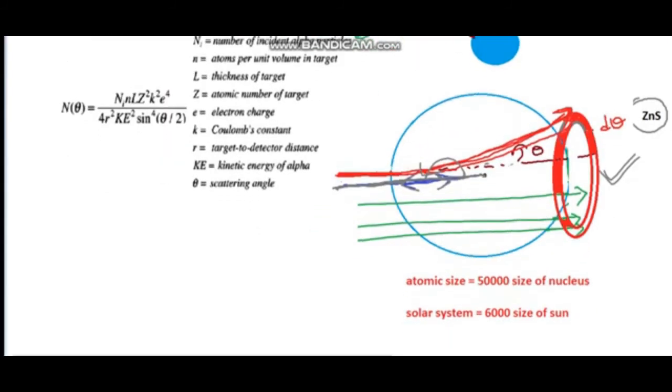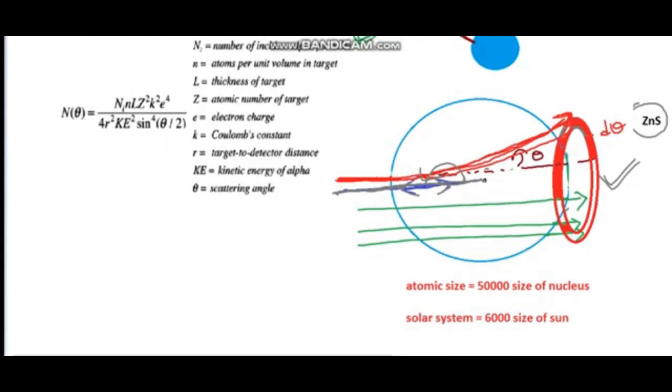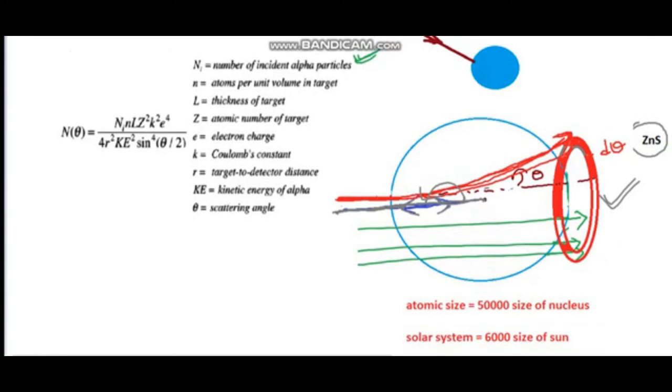We will cover how the scattered alpha particles are affected by the scattering angle, the incident alpha particle's kinetic energy, and the total charge of the nucleus.